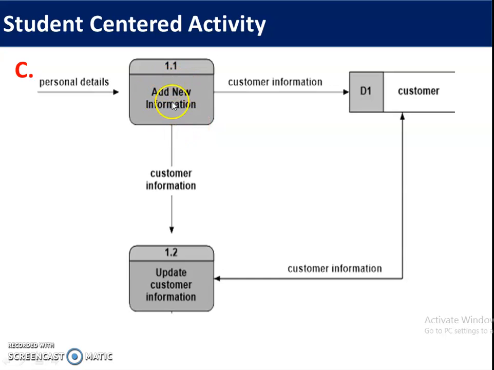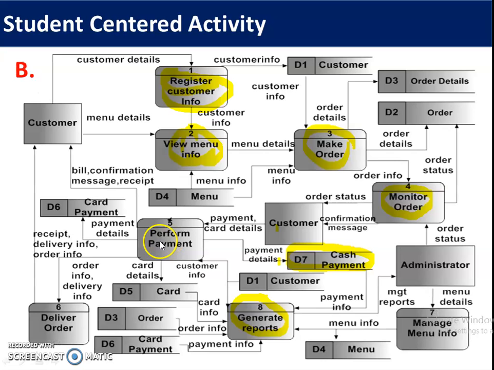So we will try to have this as an example. If you see, the processes are labeled as 1.1, 1.2. It means that 1.1 and 1.2 are now the sub-processes or the detailed processes of process number 1. In case I make a child diagram for process 3, then I have to begin my detailed diagram with process 3.1, 3.2, 3.3.